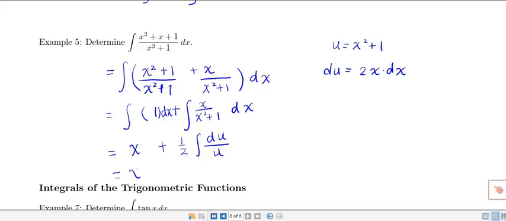And according to the formula of the antiderivative of 1 over u, we get ln of absolute value of u plus c. And the last step is just to replace the u expression by the expression involving the original variable.